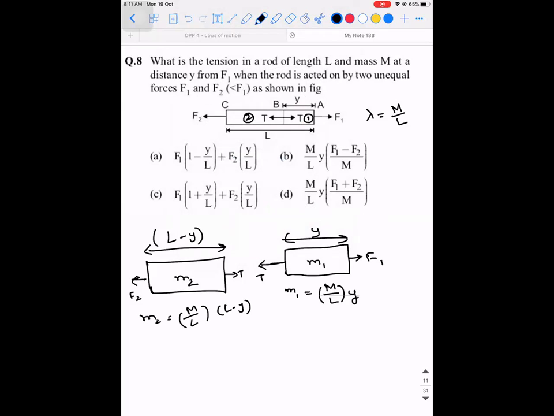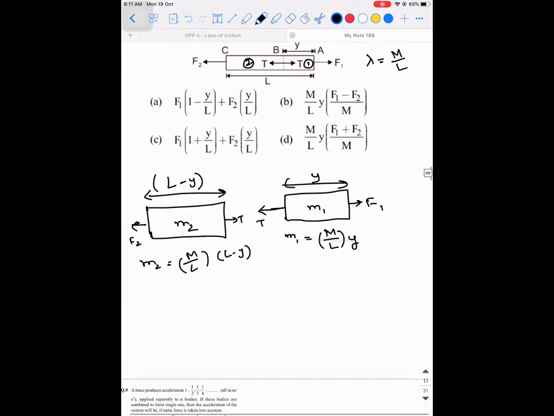Now tell me, what are they actually asking? They are asking the T value, right? So how to find T? It's the same again. Tell me the equation for the first block. F1 minus T is equal to M1 into A, that is, F1 minus T is equal to capital M by L into Y into A. T is what we need to find.